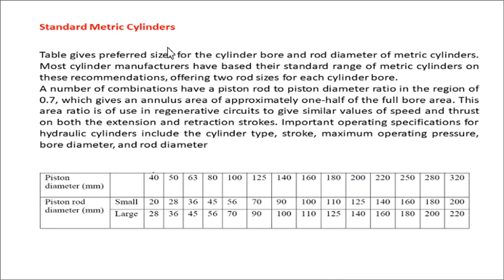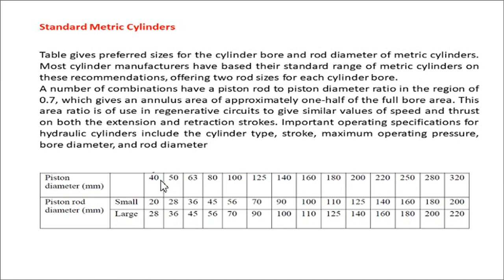Usually hydraulic cylinders are classified as given in this table, which gives you an idea of the ratio of piston diameter to rod diameter available in the market, as well as the variation in rod areas.